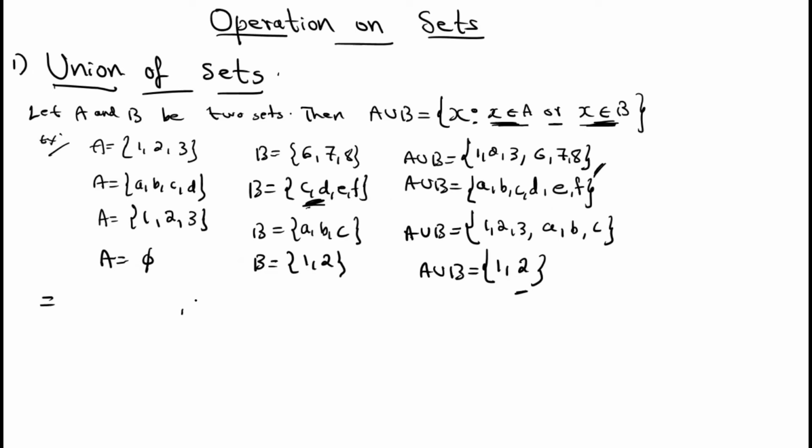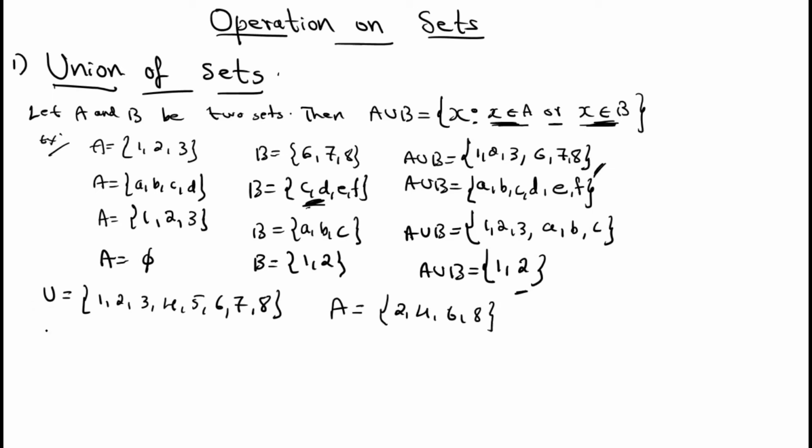Okay. Take one universal set U is equal to {1, 2, 3, 4, 5, 6, 7, 8}, and take A is equal to {2, 4, 6, 8}. In this case, see, find U union A, which means you combine the universal set with its subset.